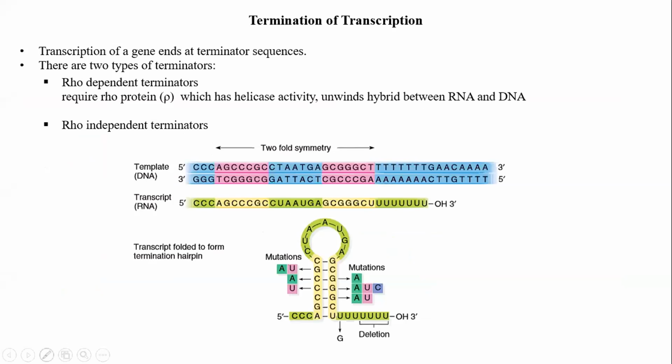The stem has the complementary base pairing, and the loop does not have any complementary base pairing. And the second structural part is this continuous uracil nucleotides. This is a particular structure of hairpin which terminates the transcription. Now, the important point here is that RNA can form secondary structure so that they can perform a particular function. So here it is terminating the transcription.